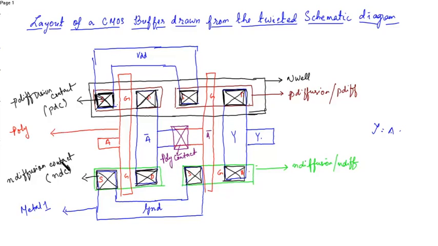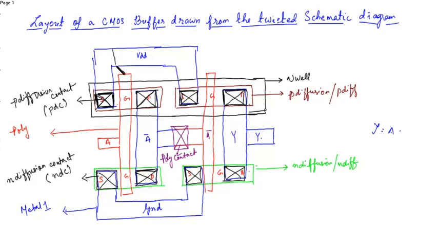Now after placing the diffusion contacts, next you have to place the substrate contacts. The substrate contacts are placed in the VDD and ground layer. On the P diffusion side, that is, VDD is connected to the PMOS or the P diffusion side, so here the N substrate contact is placed.